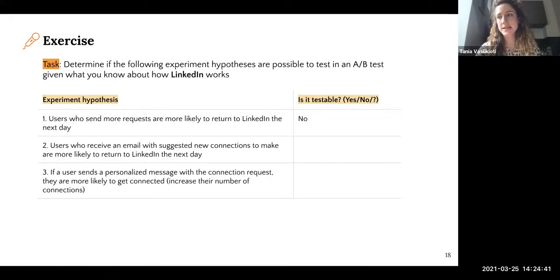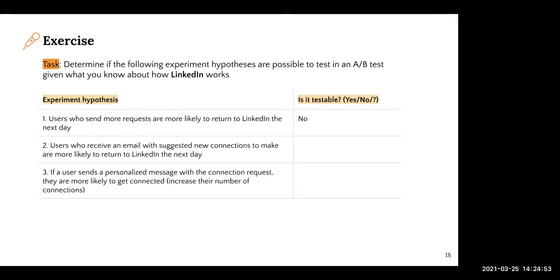So this is, of course, a very interesting research question that could be analyzed with different techniques, but for an A/B test, this would be pretty hard for us to actually find out. So why exactly is that? For example, if you implement a feature to encourage people more prominently to send out requests, or make it super easy.